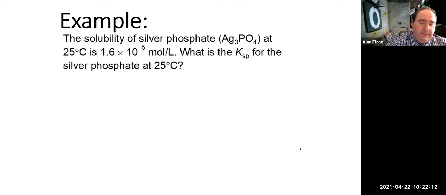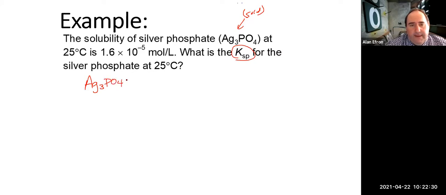So the first thing we want to know is, obviously, if we're doing anything with Ksp, we can pretty safely know this guy is a solid, because Ksp, again, is for things that are insoluble. So we would want to set up an ice table like we normally would. The deal here, though, is we're just simply going to take our ionic compound and break it apart.